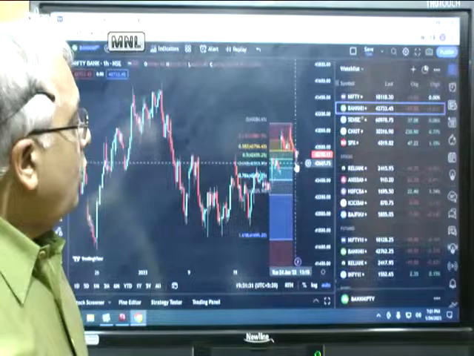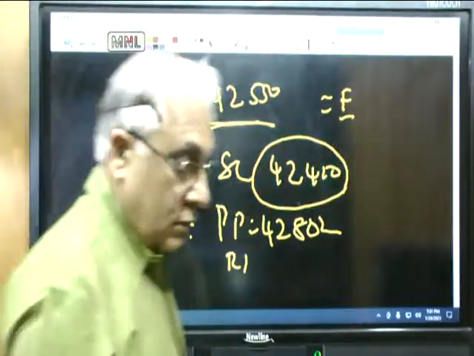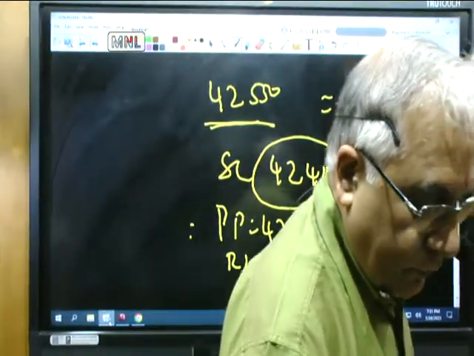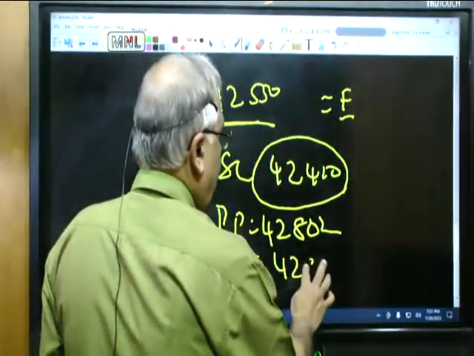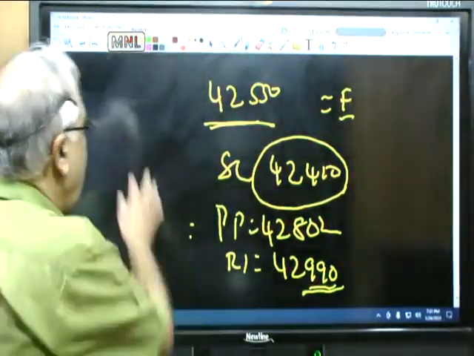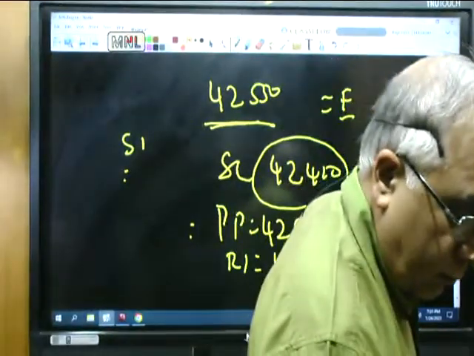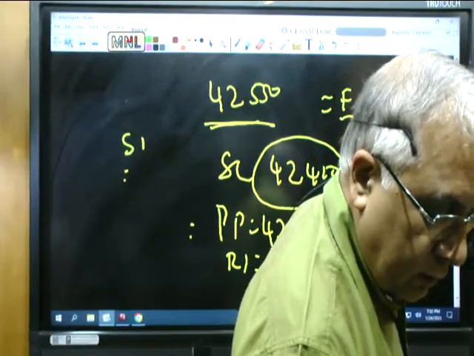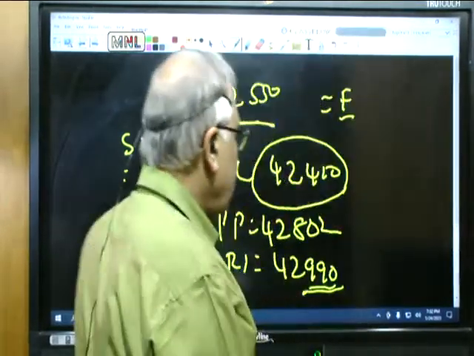The low is 42,615. So R1 is 42,990. S1 is 42,802 into 2 minus 43,078, which comes to 42,525.